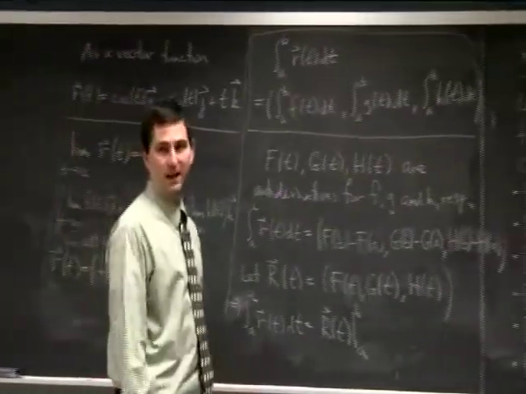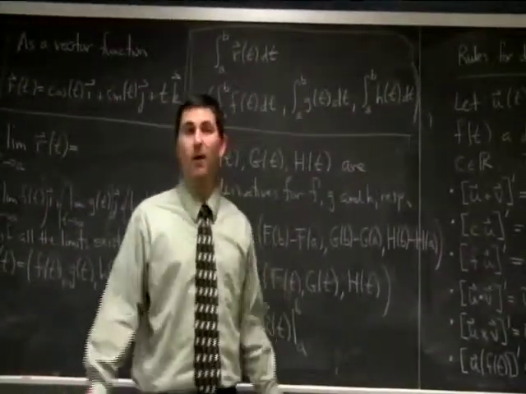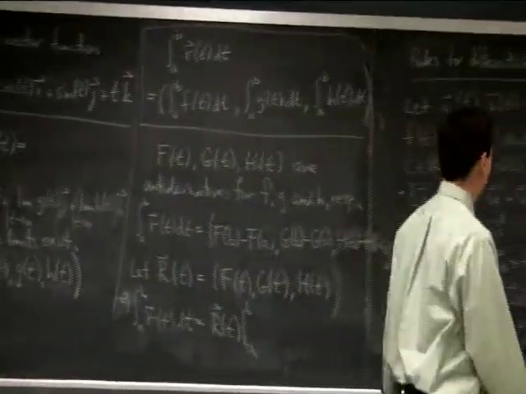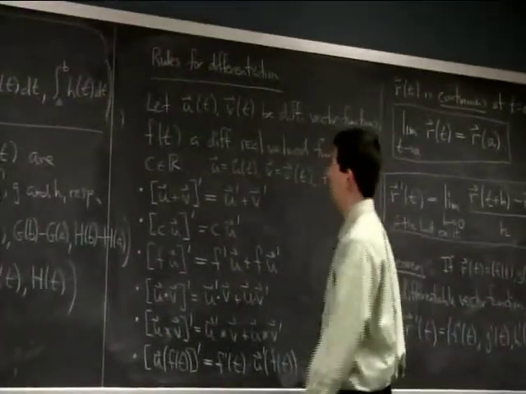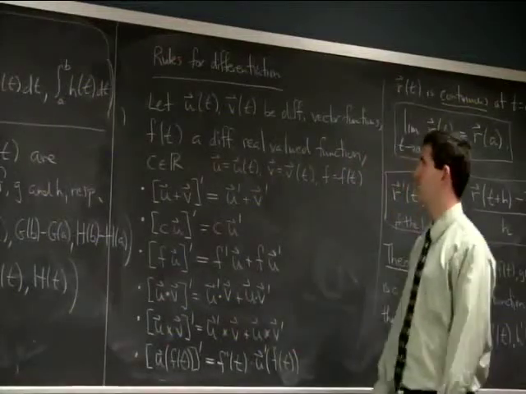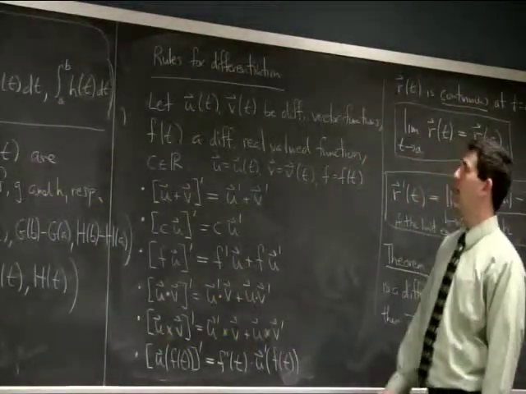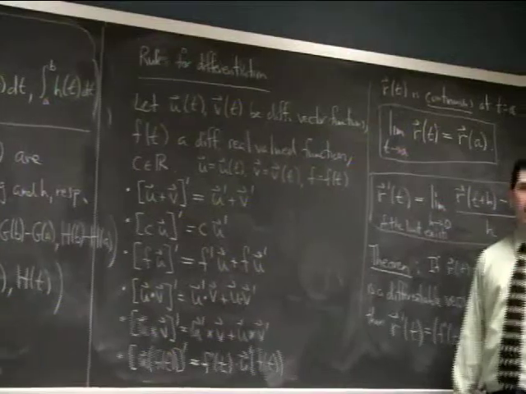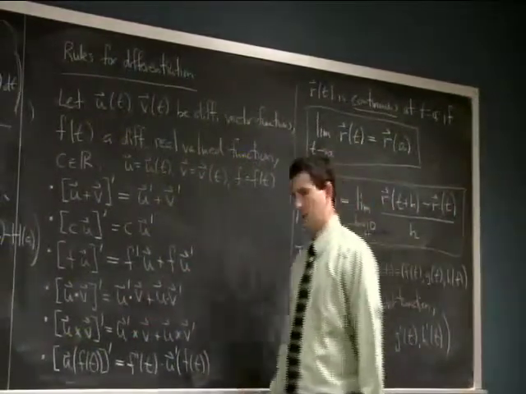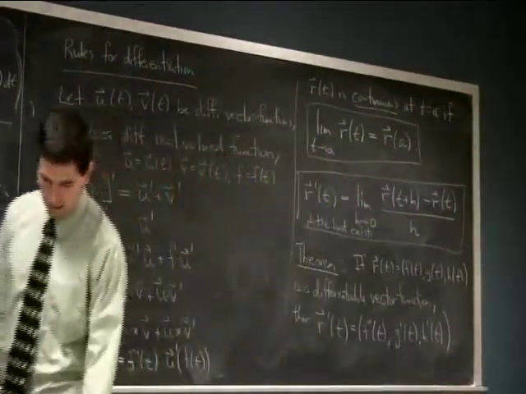Okay, those are vector functions. You might wonder why we even care. Well, of course, there are kind of obvious examples of a vector function. Imagine, well, here's kind of a silly one.